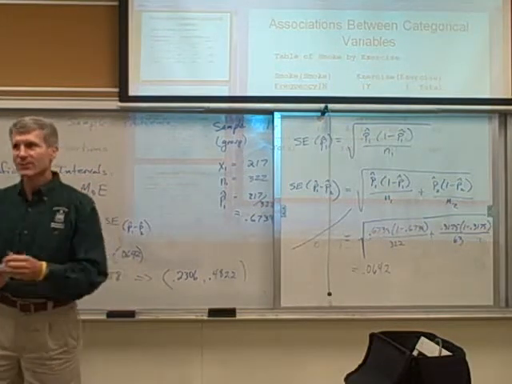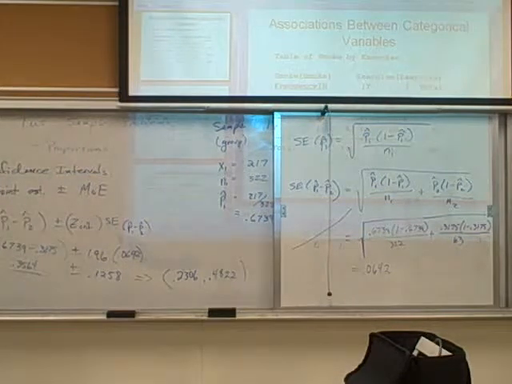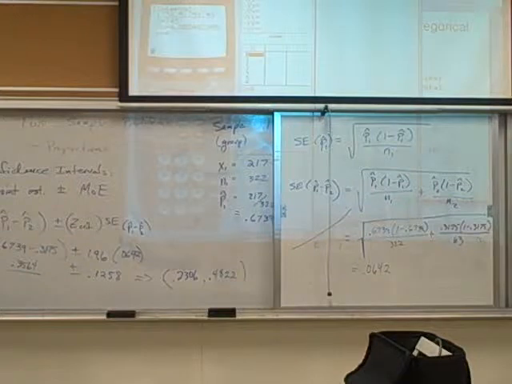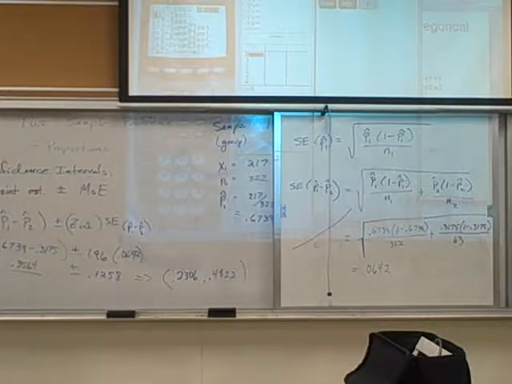Okay, now you get to do it the fun way. Grab your calculator. Push the stat button, go over to tests, and go down to 2 prop z int, which we talked about a little while ago.